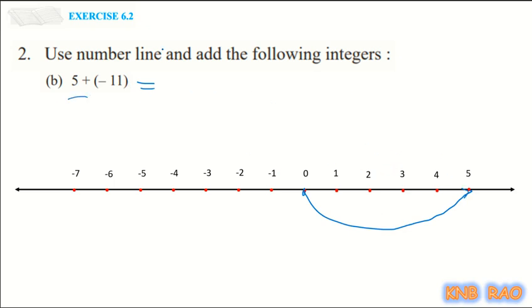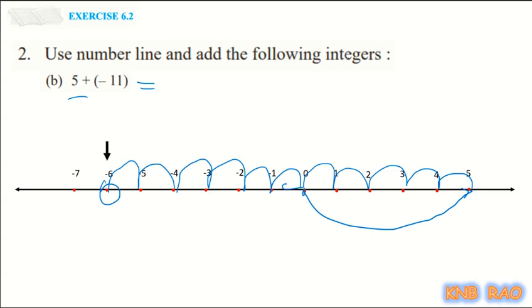From there we are adding a negative number, so we will move towards left 1, 2, 3, 4, 5, next 6, 7, 8, 9, 10, 11. So, we arrived at minus 6, which is the right answer.